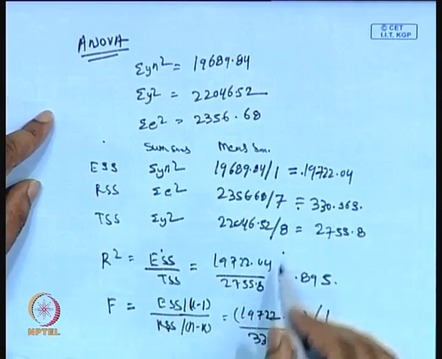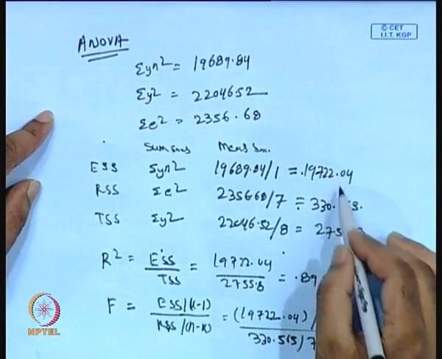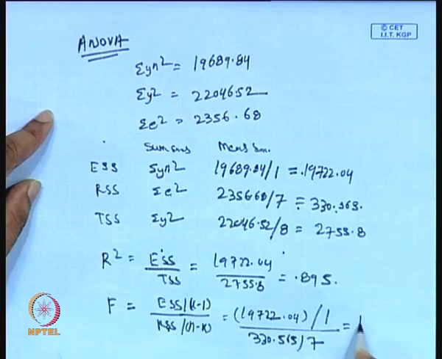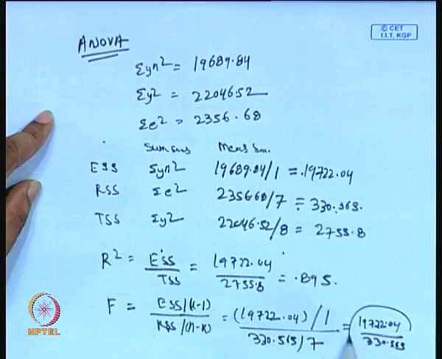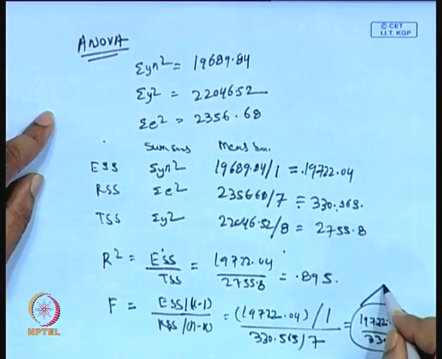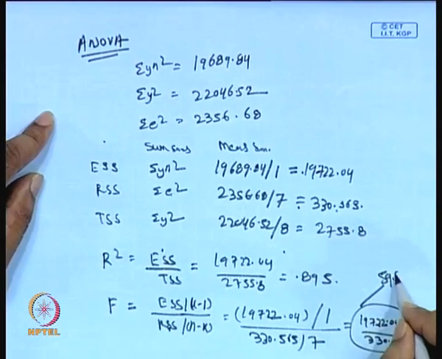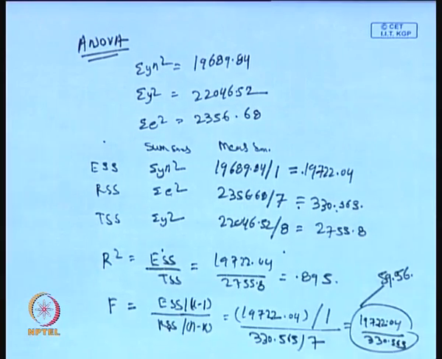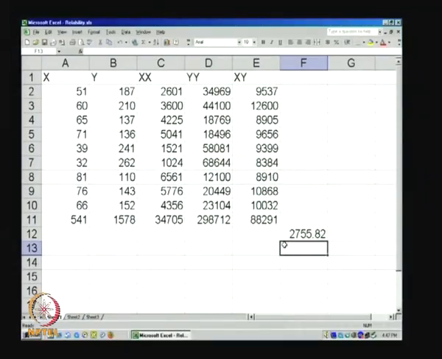We can directly take the ratio: 19722.04 divided by 330.565. If we simplify this, F will be 59.56.